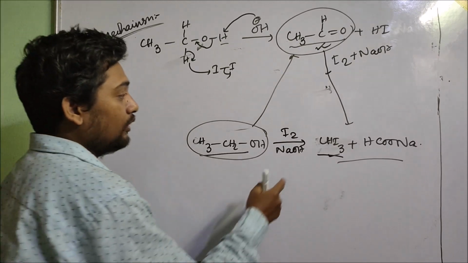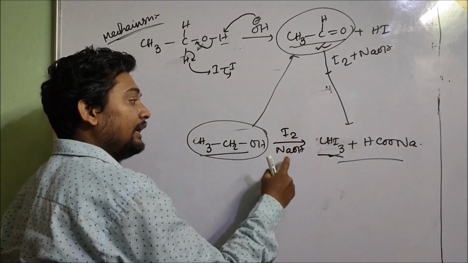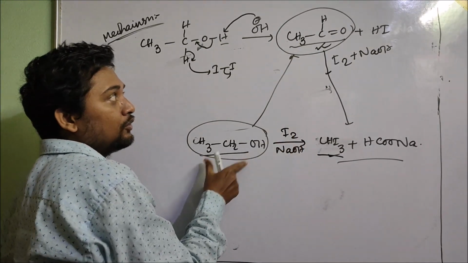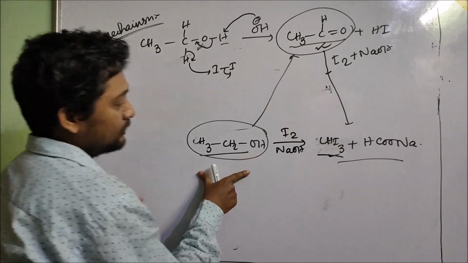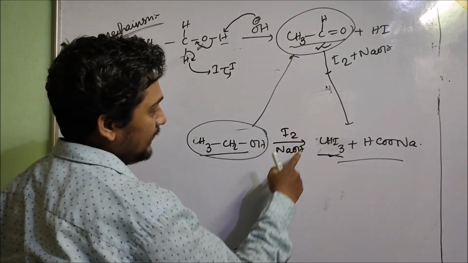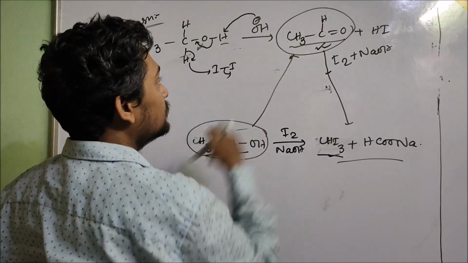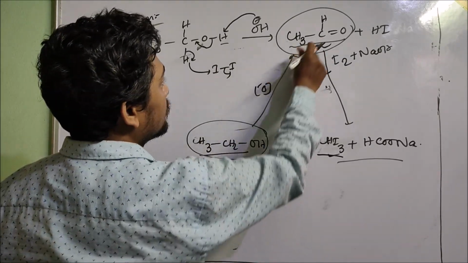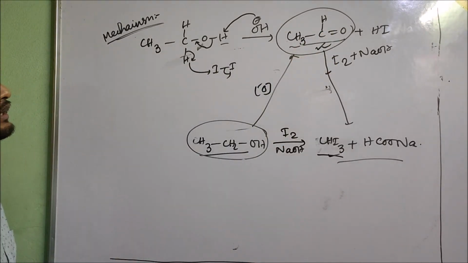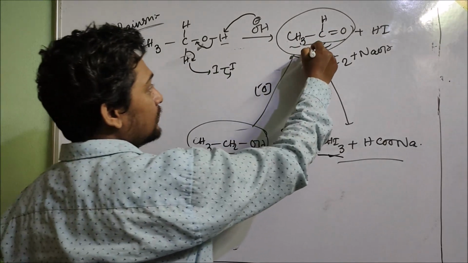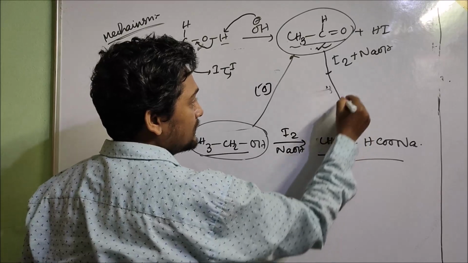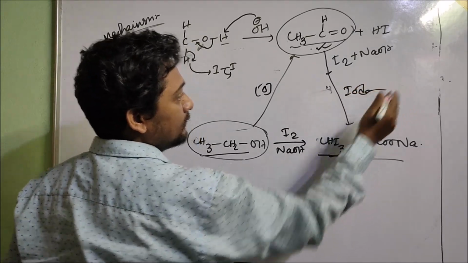When this alcohol reacts with iodine and sodium hydroxide, it oxidizes into the corresponding aldehyde compound. As this aldehyde compound contains a keto-methyl group, it will participate in the iodoform reaction.